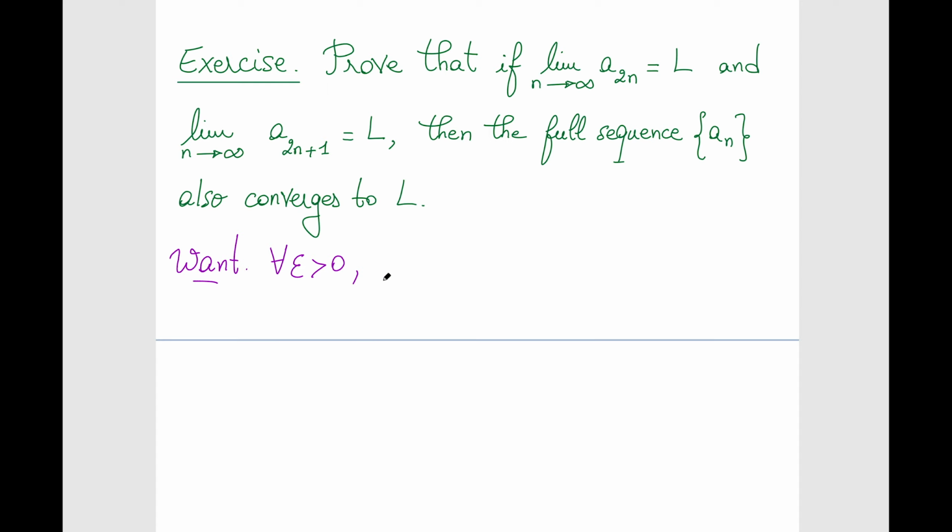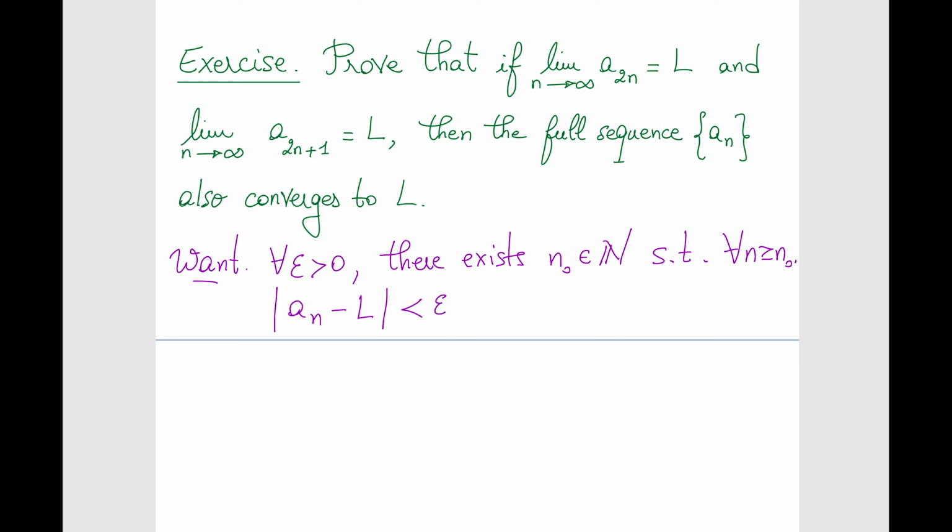For every epsilon positive, there exists some rank n naught, such that for every rank after that, the sequence a_n is inside the ball centered at L and of radius epsilon, which means that the distance between a_n and that limit point L is no more than epsilon. Correct? So this is what we want to show.